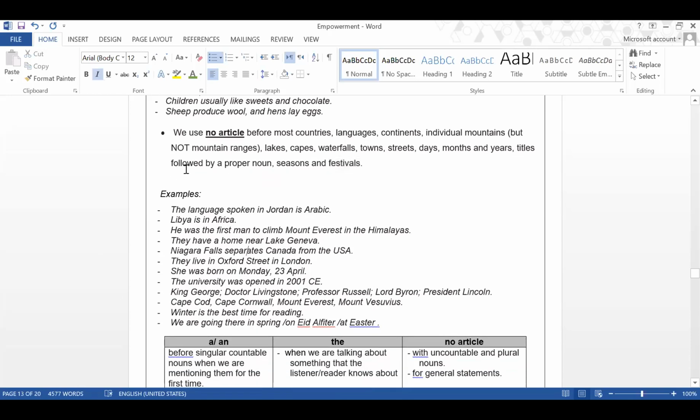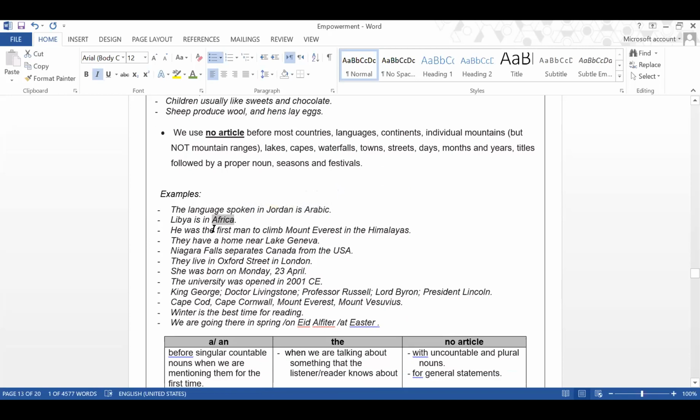Like the language spoken in Jordan, look, Jordan, there's no the before, a name of a country. Arabic, a name of a language, no the. Libya, a name of a country, no the before. Africa, a name of a continent, no the before.